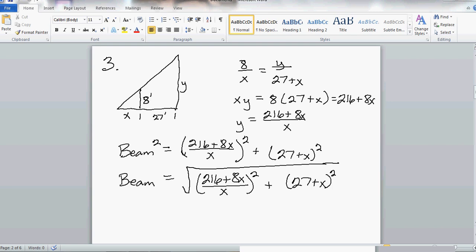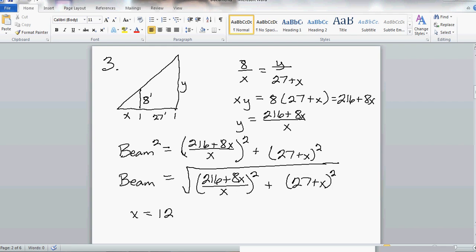So what we're going to do is put this into the calculator and determine where does x equal 0. That's basically what we're asking. Where does this whole mess equal 0? And as it turns out, it's actually a very nice number. X happens to be 12.